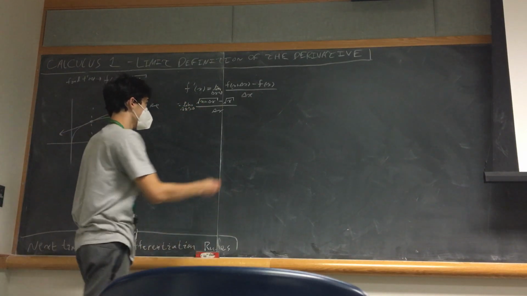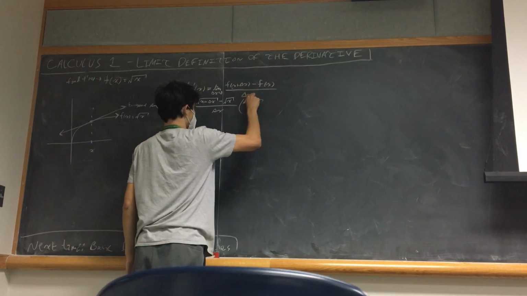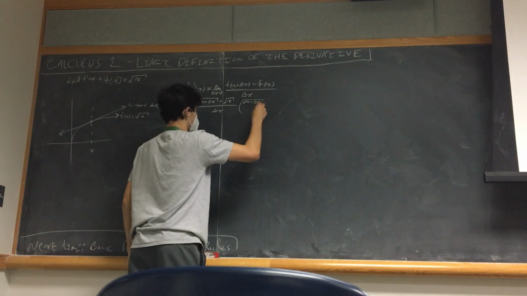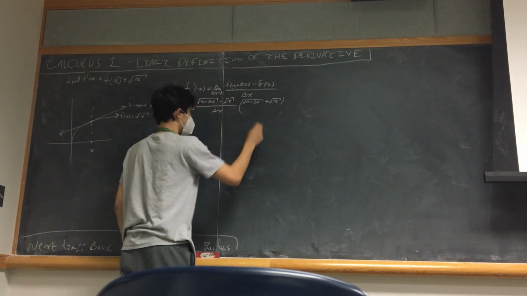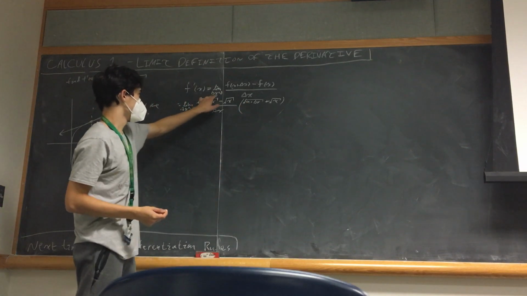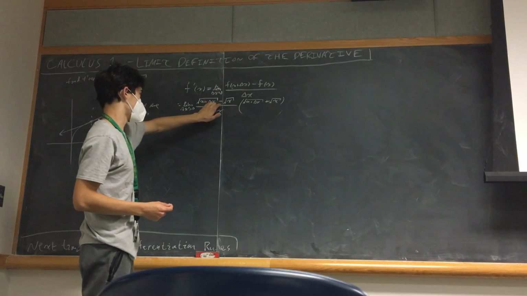What you can do is multiply the numerator by square root of x plus delta x plus square root of x. And what that'll do is, you multiply this, and this just gives you x plus delta x.